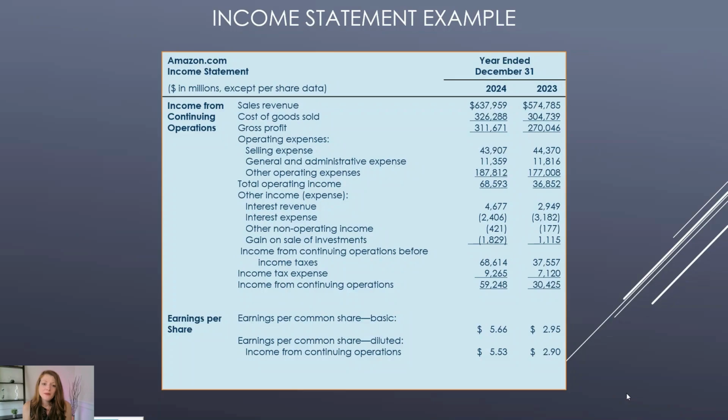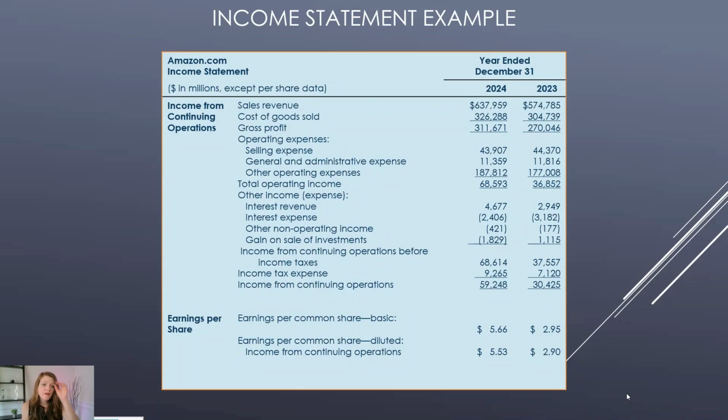Then we have the operating expenses. So this is going to be everything else that was not included in that cost of goods sold and inventory cost. So you're going to have selling expenses, general administrative, and then on their public financial statement, they just list other operating expenses. We know included in that are going to be things like salaries, and there's going to be depreciation and all kinds of other things, but they don't go into as much detail when they show the public financial statements.